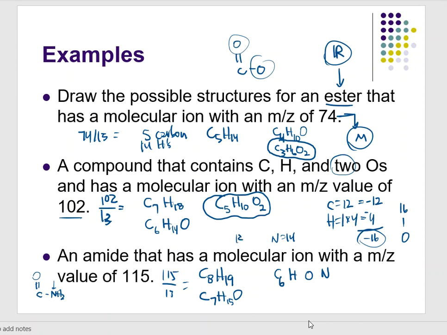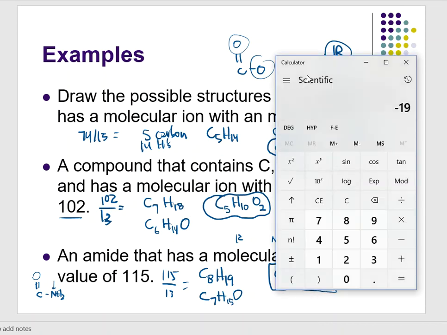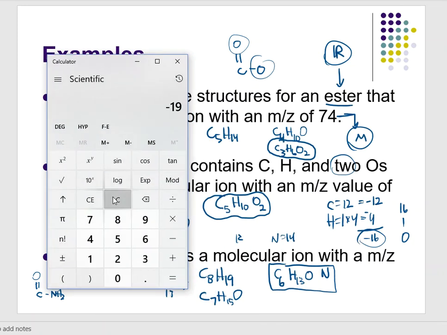That frees up 12. And I need a space for 2 more. So instead of 15 hydrogens, I'll go to 13 hydrogens. All right, so that gives me freed up of 14, which allows me to bring in my nitrogen. And now I have the condensed structure, C6H13ON.